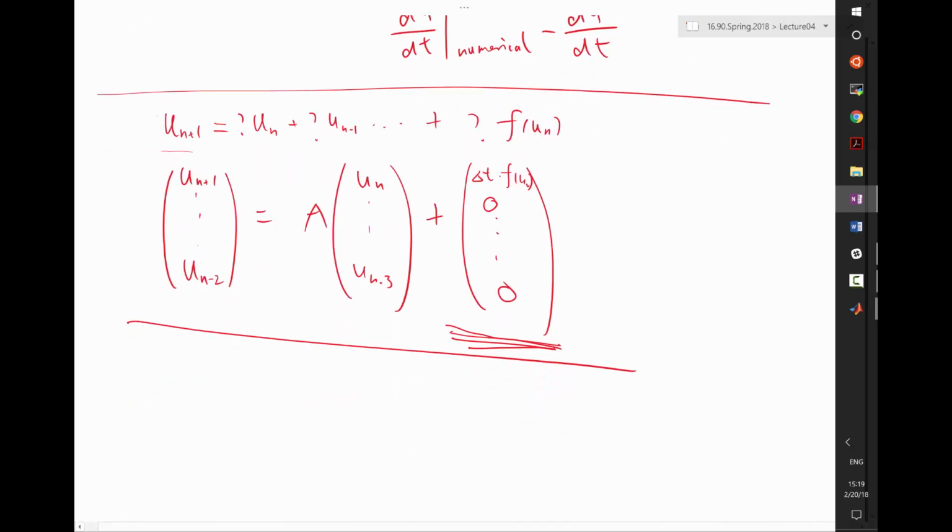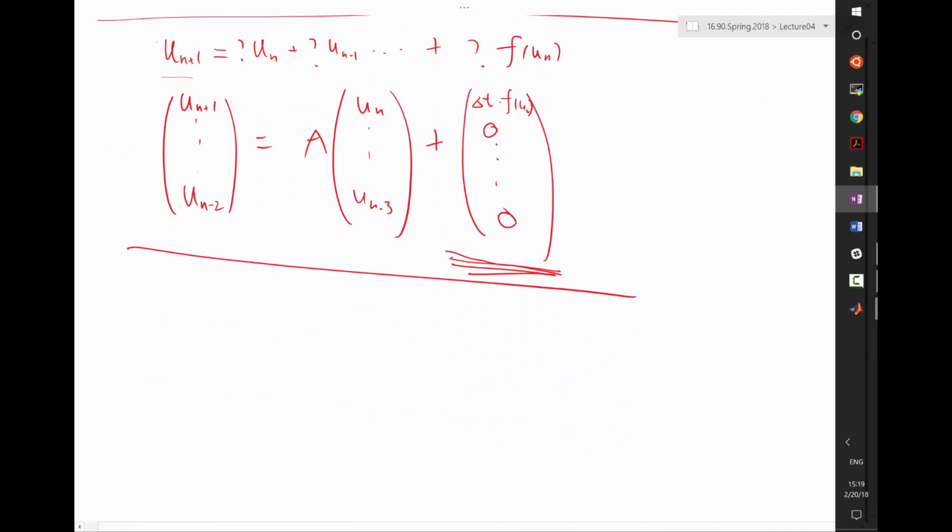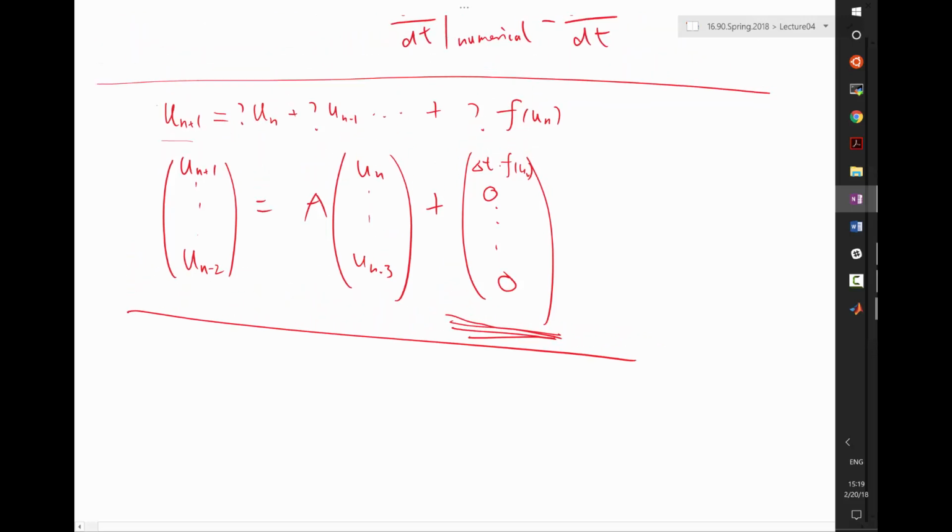Okay, and not only that, we can also express the analytical solution like that. We can also express this f of u is equal to du/dt at a particular step, right?